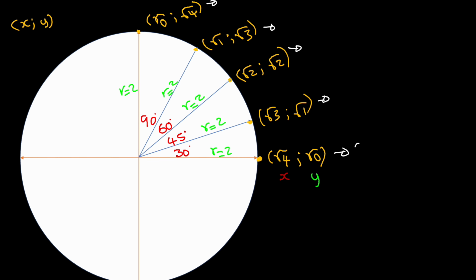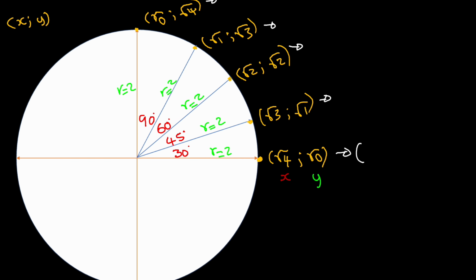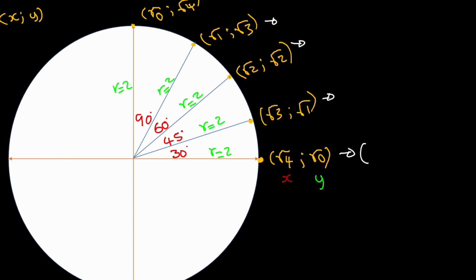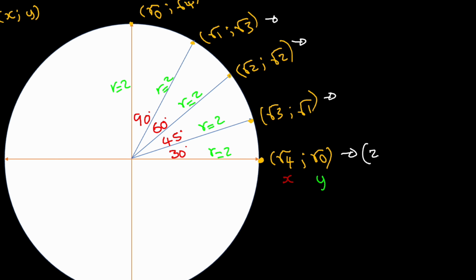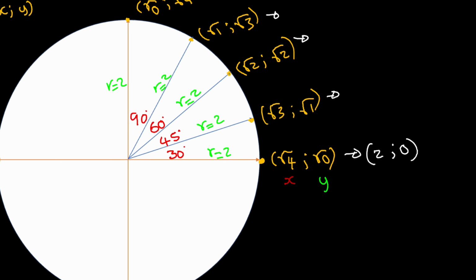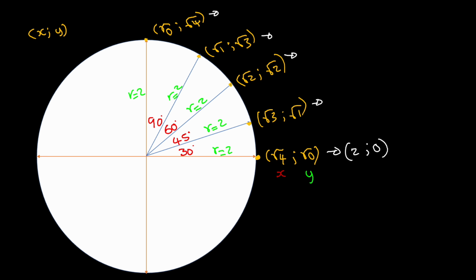Now, what is the square root of 4? The square root of 4 is 2, and the square root of 0 is 0. Now, the second part: the square root of 3 stays square root of 3, and the square root of 1 is 1.